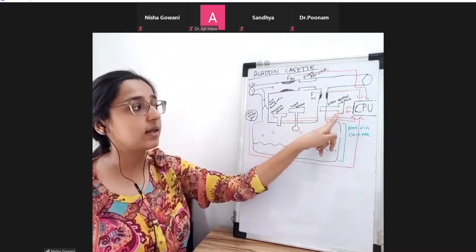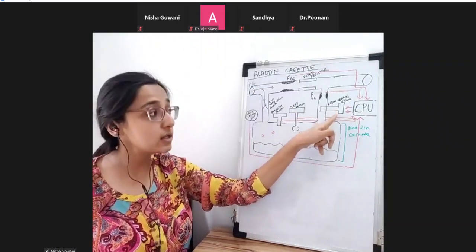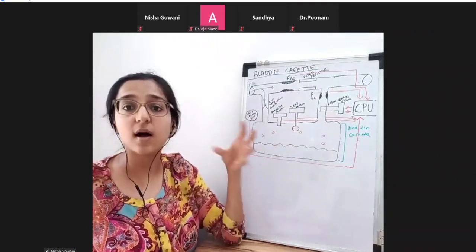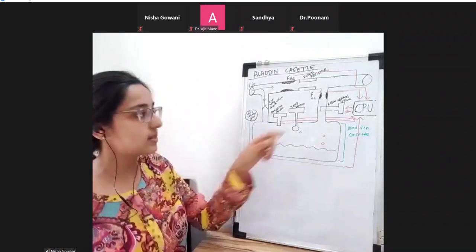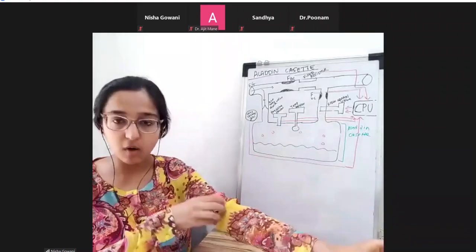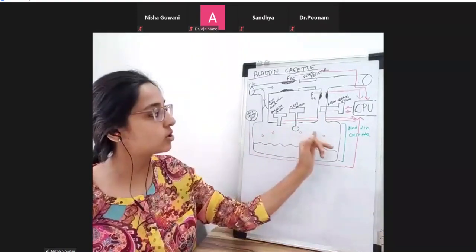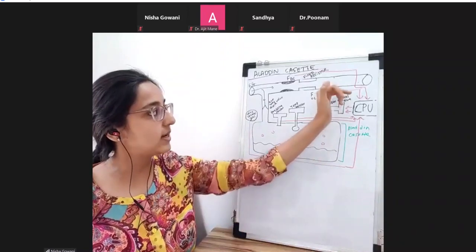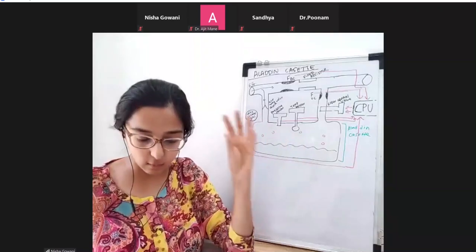The CPU sends messages to the flow control valve, which is known as the heart of the Aladin cassette vaporizer. It will determine how much vapor-laden gas will leave and join the fresh gas to give the ultimate concentration that we want.